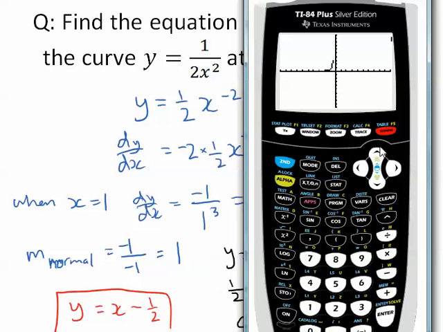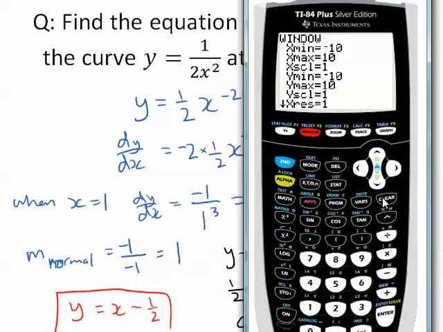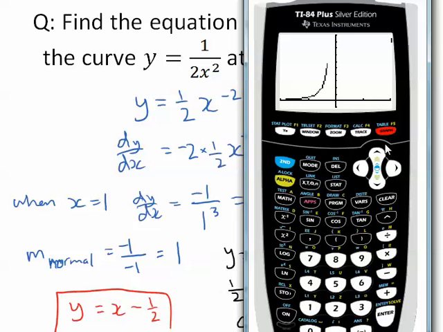And let's see what the graph looks like. Okay, so I can't see it very well, so let's zoom in a bit. As we saw, we only got positive values, so y we can have between just minus 1 and 10, so we can see a bit more of the values. And x, we know that we're interested in fairly small values of x, so let's do between minus 2 and 2. And now we can probably see it a bit better.